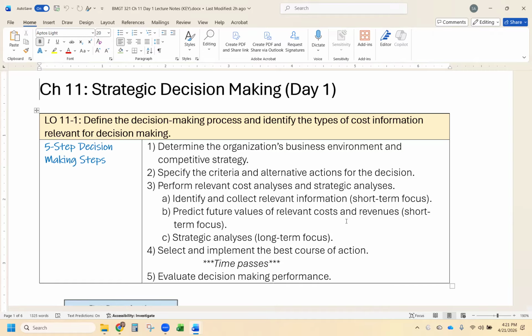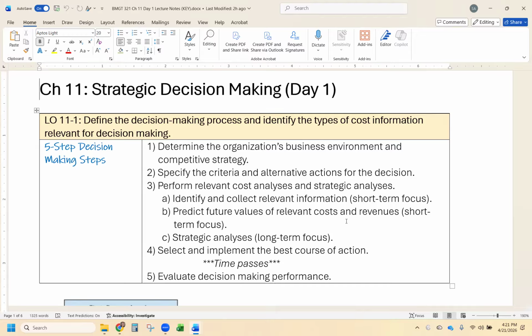So figure out which one you are and then find all the different choices you have available. So in this chapter, we're going to be talking about, should we make our product or should we buy it from an outside supplier? Should we keep making this product to sell, or should we discontinue it because it's not popular enough anymore and it's losing money?